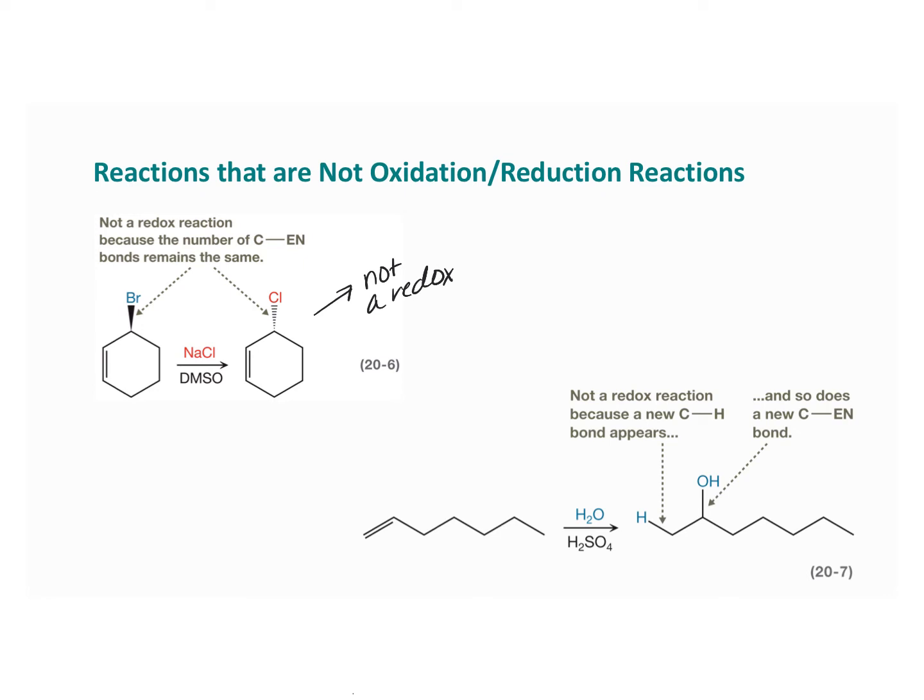In equation 27, what we're doing here is adding water across a double bond. Even though this reaction produces a new carbon-hydrogen bond and a new carbon-OH bond, it's not a redox reaction.